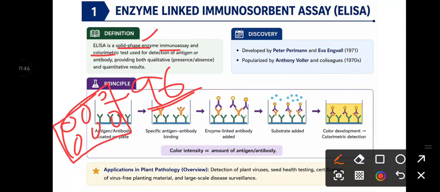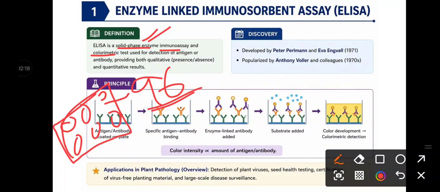So on a solid surface, the enzyme, antigen and antibody are coated. That's why it is called solid phase enzyme, because this total reaction depends on enzyme reaction, because the enzyme will react with the substrate and give some color change, and by that color change only we are detecting the antibody as well as the antigen.